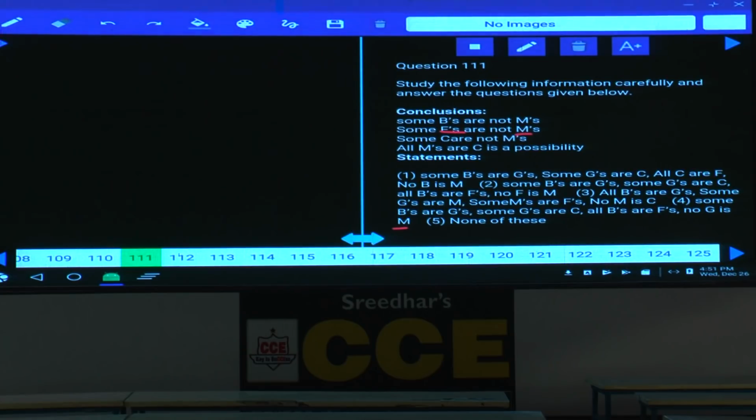No statement. But if you combine these two, some B's are G's and all B's are F's. What is the conclusion here? Some G's are F. Some G's are F is there. Hence, I am able to derive this one as well. Though we are not directly deriving from two statements, by combining two statements I am getting a conclusion. That conclusion and this statement can be related. Hence, choice 4 is the answer.